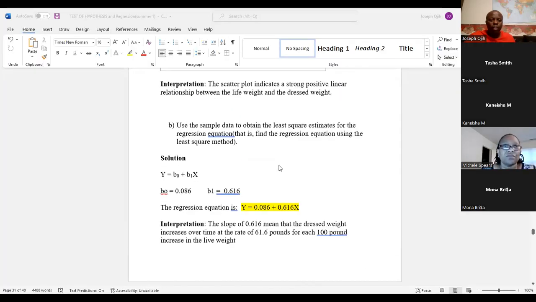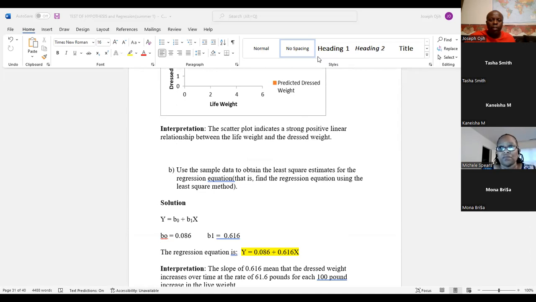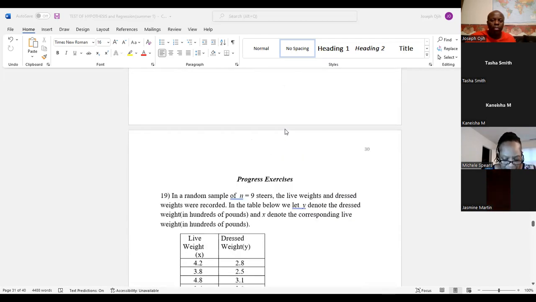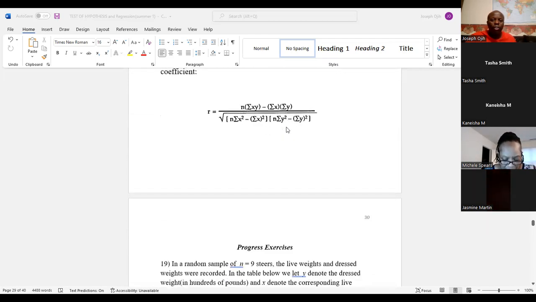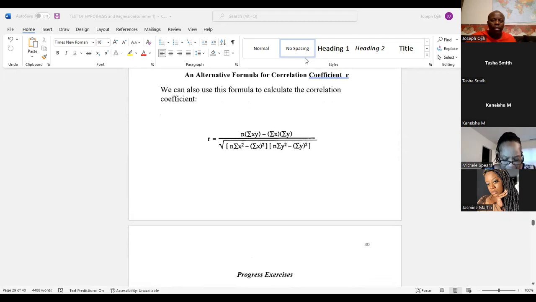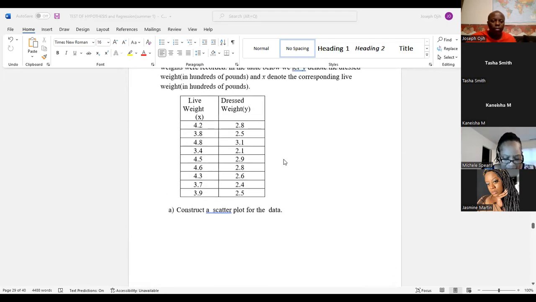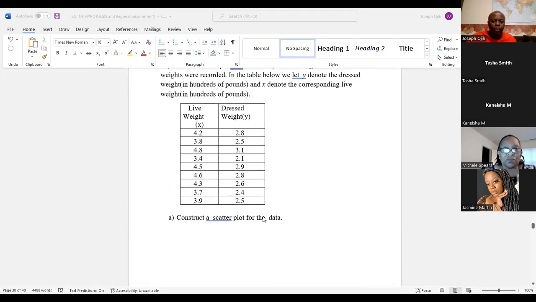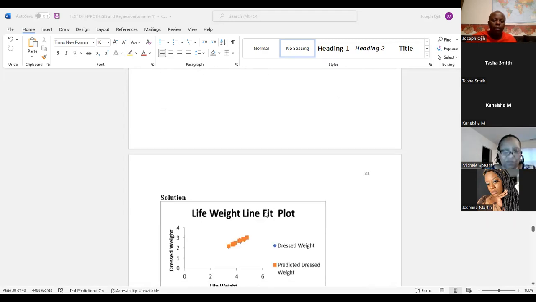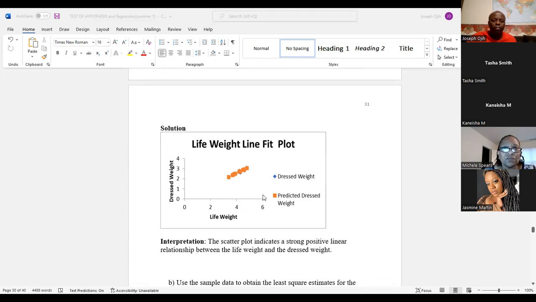In the previous lecture, before we were timed out, we answered the first two questions. Remember, what we are doing is regression and correlation. The first one is construct a scatter plot, and we did that using Excel.